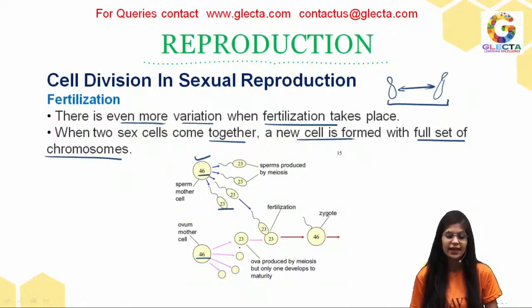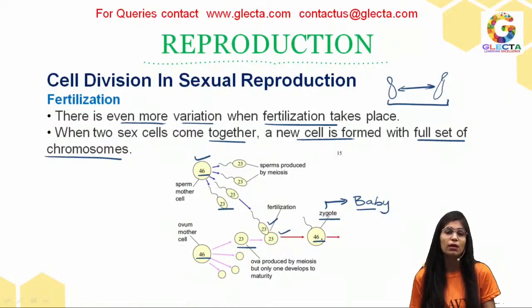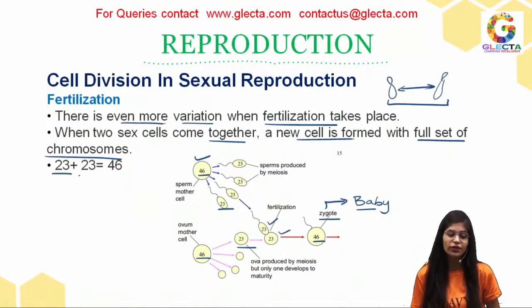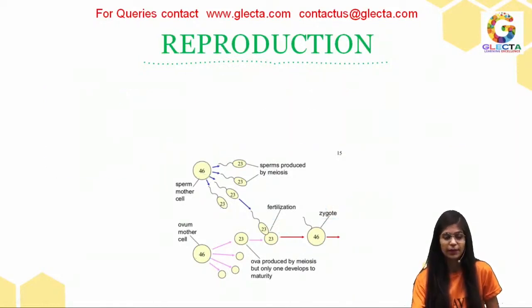When it divided, it has 23 chromosomes. These will fuse together, so 23 from the father, 23 from the mother coming together forming 46, which is a zygote. Zygote will later form a baby, which will be a normal individual having a normal amount of chromosomes. So this 23 from mother, 23 from father will together form 46, which will be there in your baby.